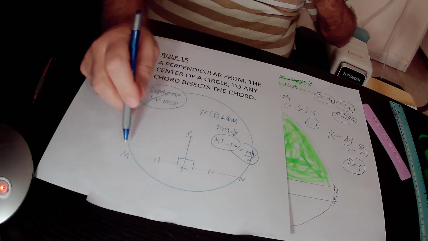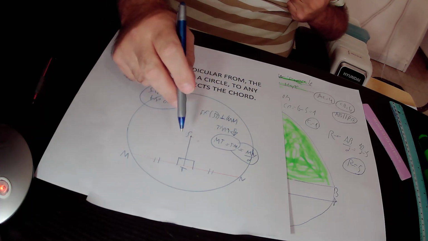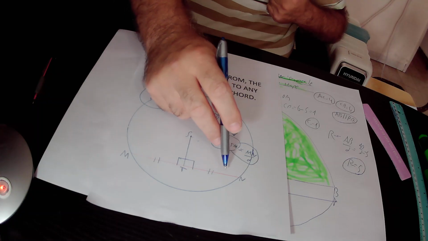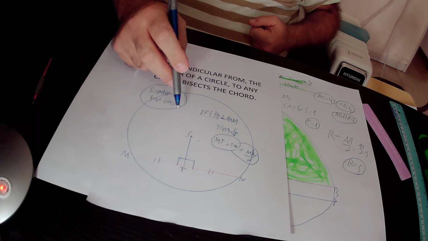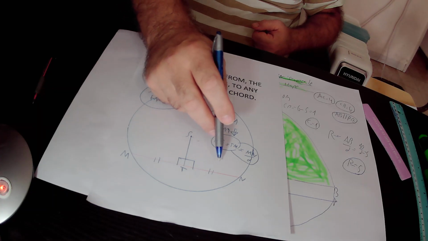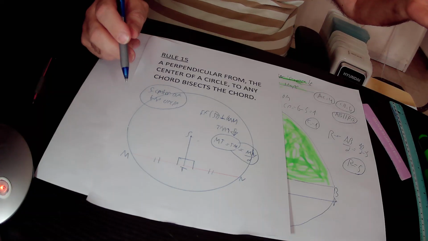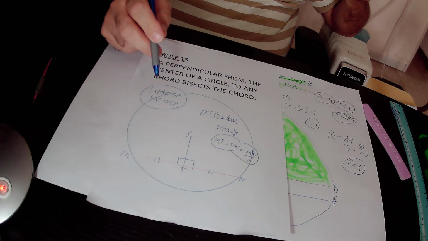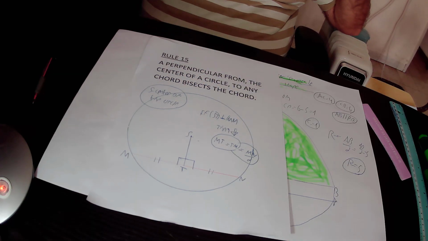If ST bisects chord MN, it means that at point T, chord MN has been bisected into two halves. The first half is MT, and it is of course equal to the second half, TN, and each half must be equal to MN over 2. So MT equals TN equals MN over 2.